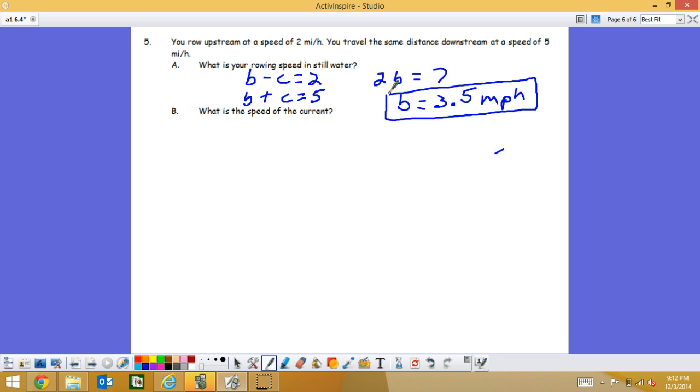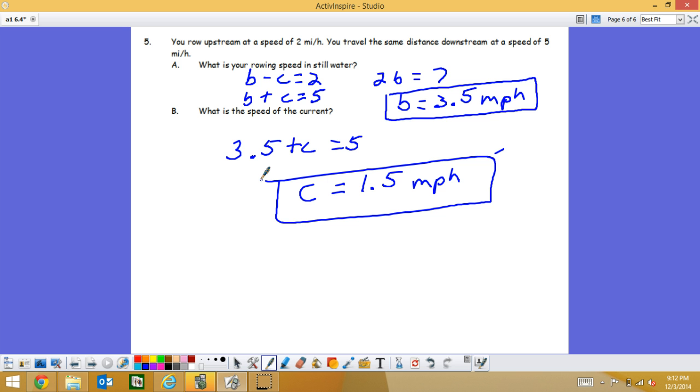And then to find the speed of the current, we can take that 3.5 and substitute it in for B, plus the current is equal to 5. So when we subtract 3.5, C is 1.5. The rate of the current is 1.5 miles per hour.